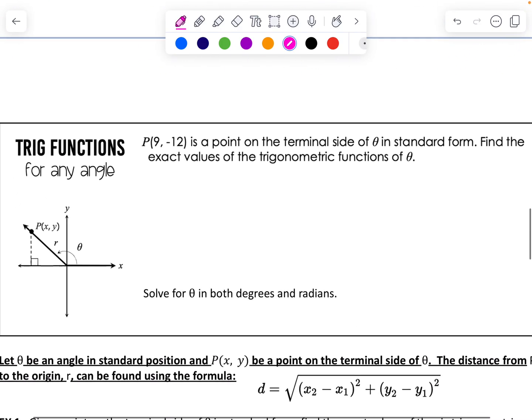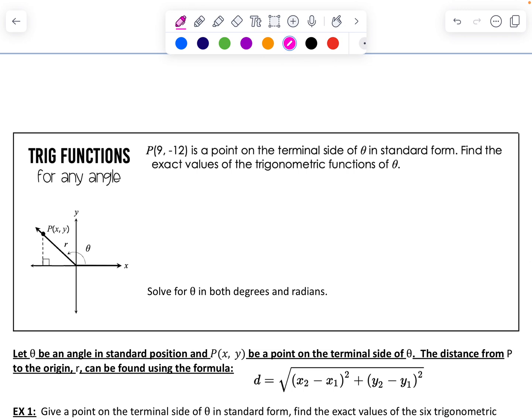All right, so now we can do the same thing, but we can be given a point. So if I want to find all 6 trig ratios and a measure in degrees and radians for an angle, I have point P that's at this point 9, negative 12.